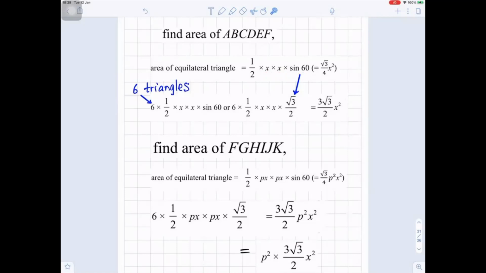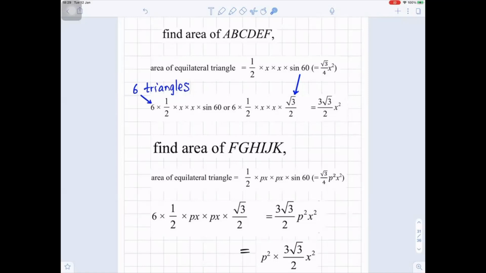And because there are 6 triangles, we multiply it by 6. So 6 times half times x times x times sine 60. And that will give us 3 root 3 over 2 x squared. It's the same as the formula I showed you before.